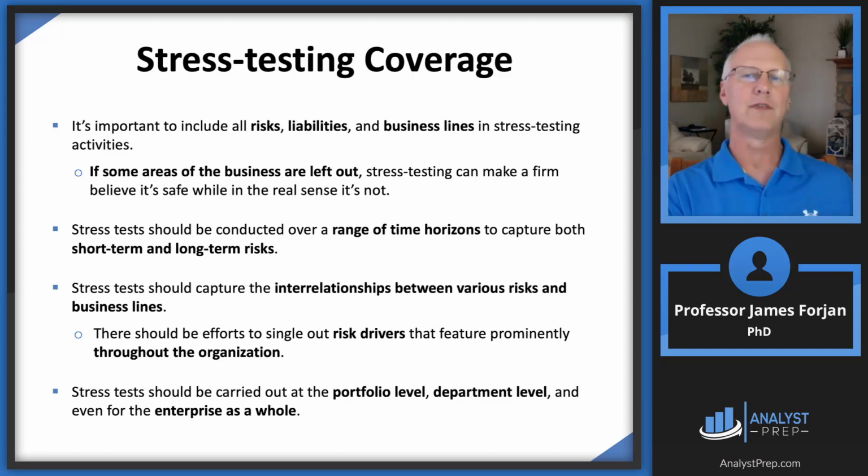And then over on the left-hand side, you have all of these performing assets. And so the stress testing coverage has to include all that stuff in there. Notice the first circle point there. Some areas of the business are ignored or left out. Well, then this is not a complete information set. This is not a complete and reliable stress test.